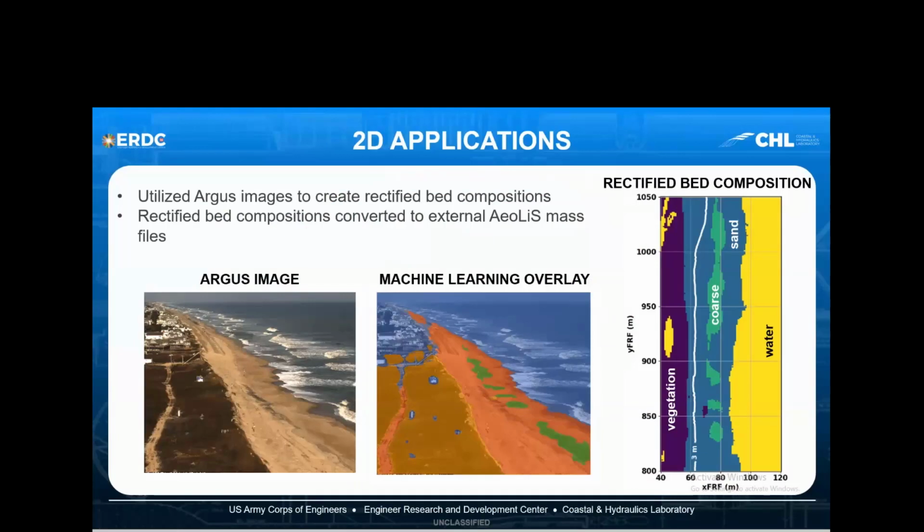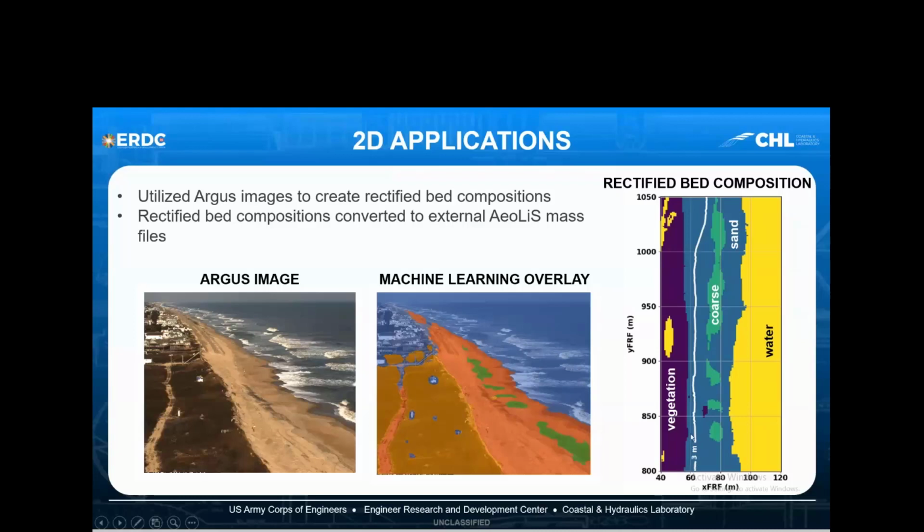We utilized the Argus images to create a rectified bed composition that we can see here, where the dark purple is the vegetation, the blue is just our regular sand, the more green is our coarse, and the yellow is water. It is this upper region in here from our Argus image. With this, we have the 3-meter contour elevation labeled.